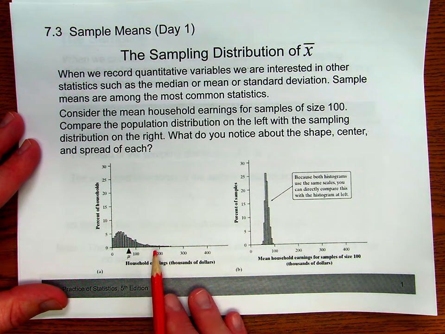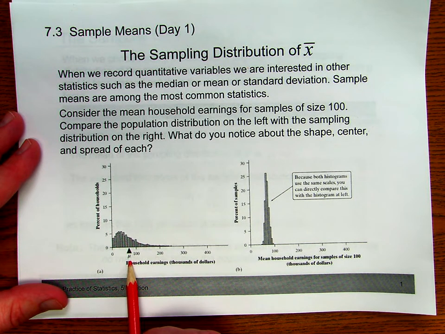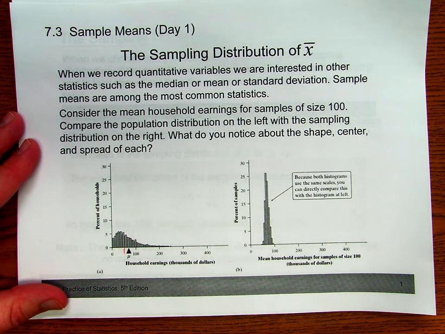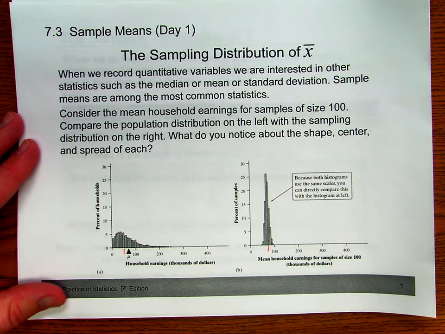Okay, so this is the population distribution. Its mean is marked here. It looks like it's, I don't know, in that 70-ish area. The mean here looks like it would be roughly in that same spot. The shape of this, you would say, would definitely be skewed right.